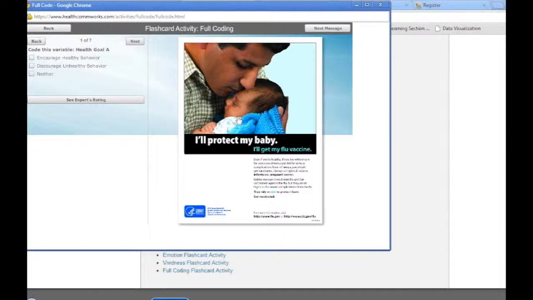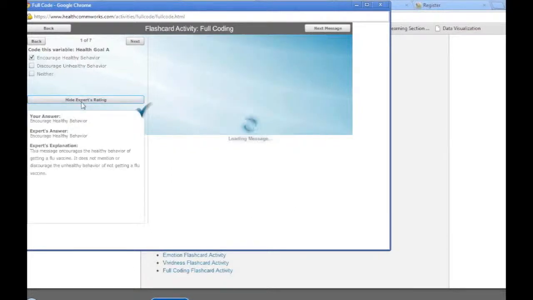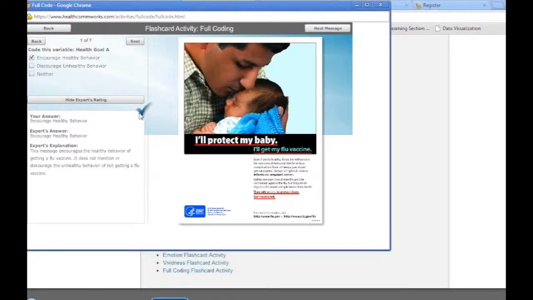In this case, we have one from the CDC campaign for flu protection, and identify, does this message seem to be encouraging healthy behavior or discouraging? And in this case, we'll say, okay, I think that's encouraging because it's recommending that I get my flu vaccine and protecting people. And what you'll see is this check mark.